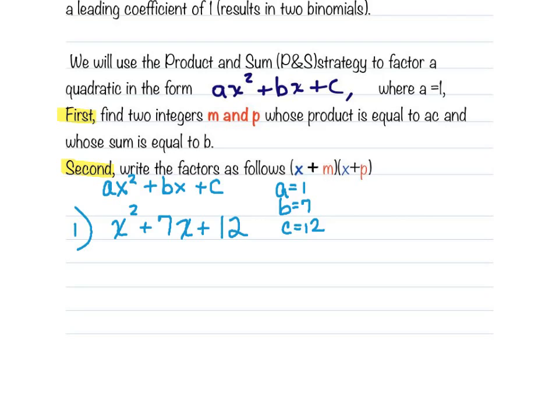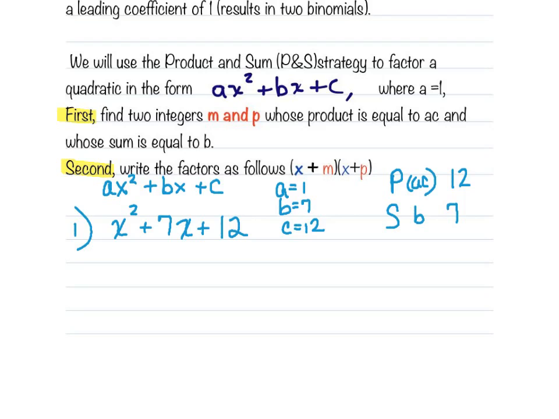Now what we need to find is two integers that have a product of a times c, which is 1 times 12. So the product has to be 12, and their sum, when you add these two numbers, it has to be equal to b, which is 7.